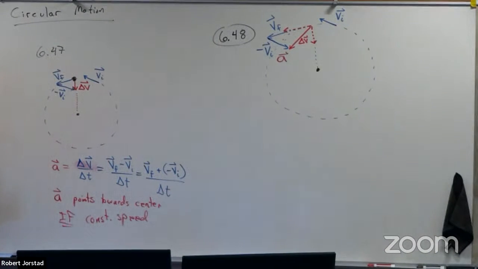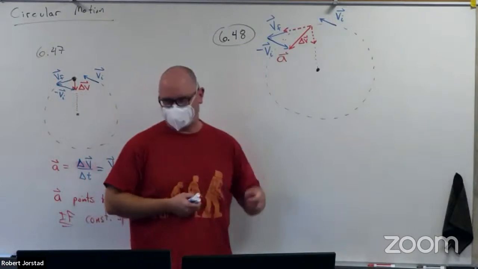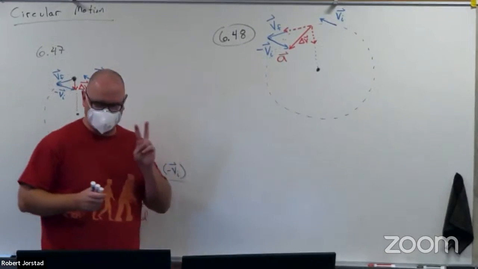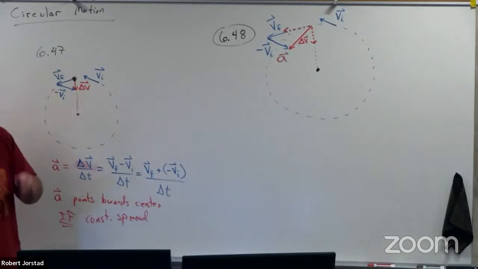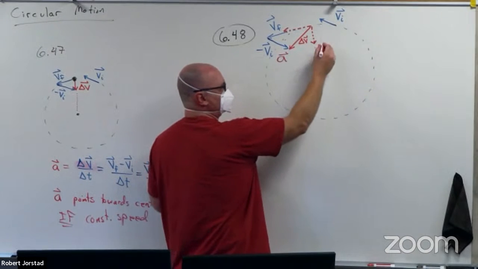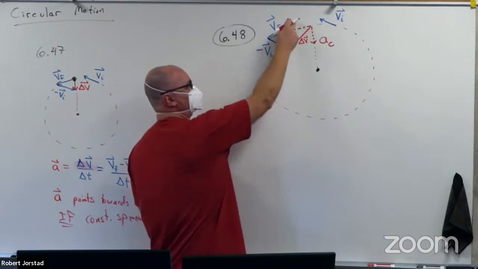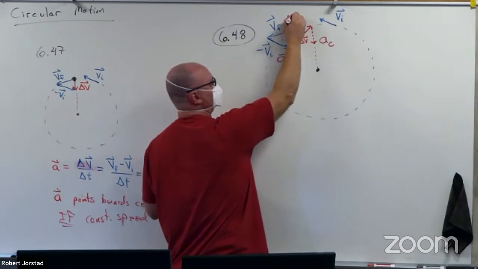And what we typically do with circular motion, if you're not moving at constant speed, is we split this acceleration into two unique parts. This is a portion that points towards the center. This is a portion that points tangent to the circle.